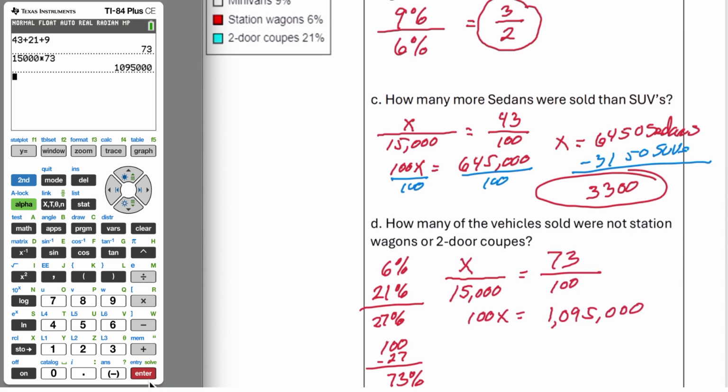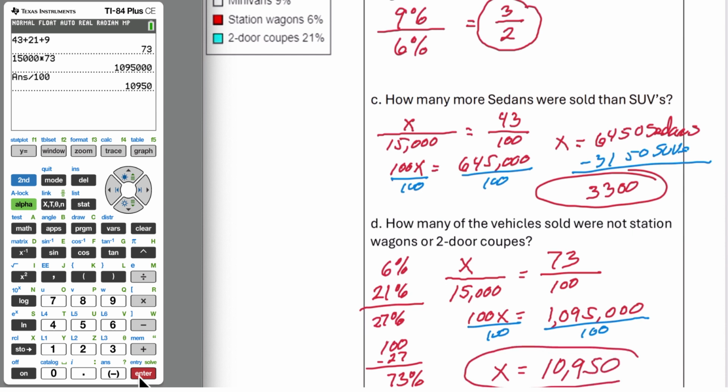We'll divide by 100. This gives us x equals 10,950. So these are the number of cars that are not station wagons or two-door coupes.